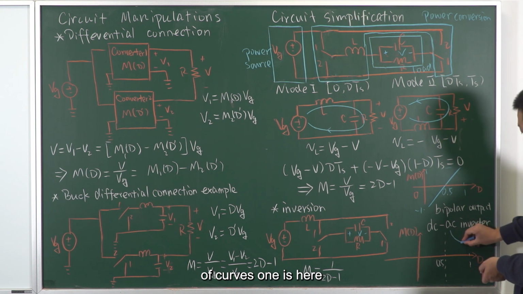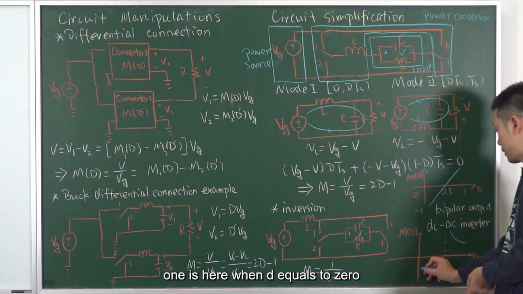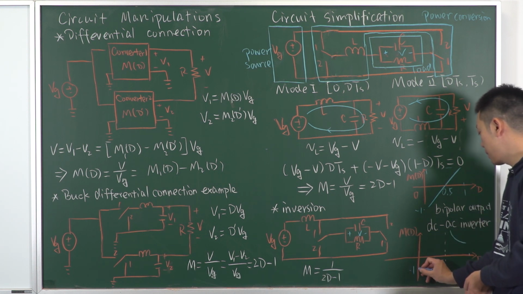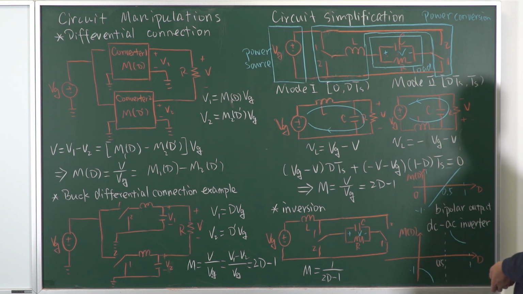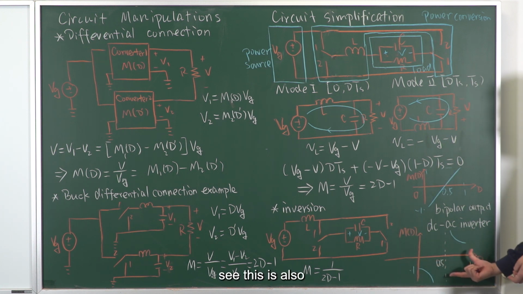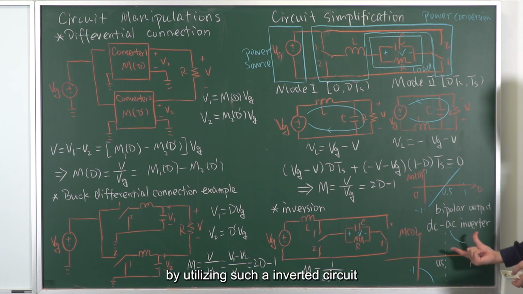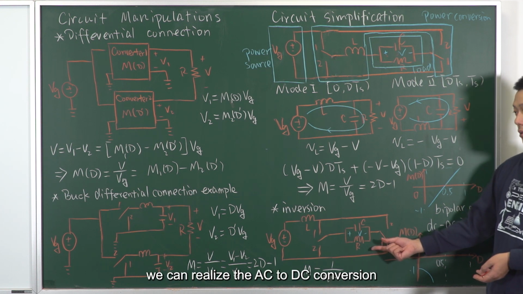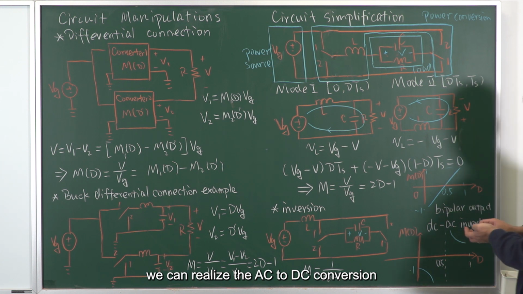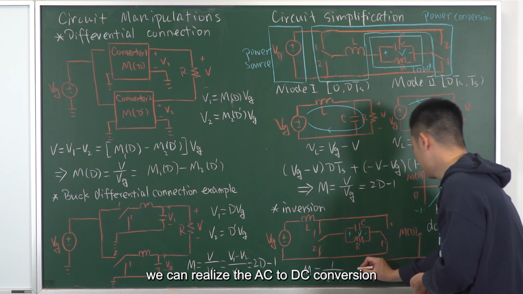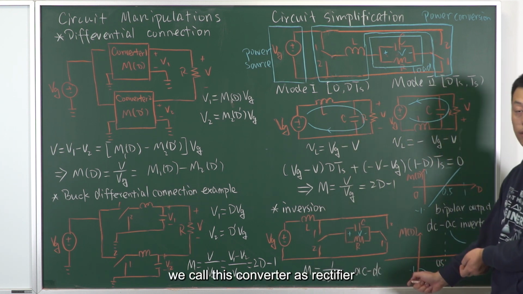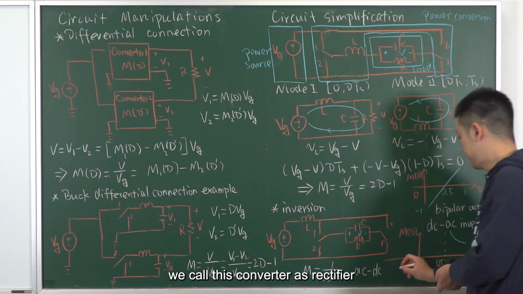One is here. One is here. When D equals 0, this value equals minus 1, right? See, this is also a bipolar output. By utilizing such an inverted circuit, we can realize the AC to DC conversion. We call this converter a rectifier.